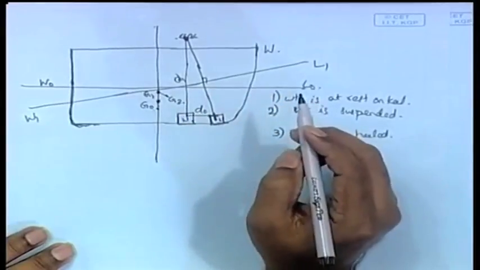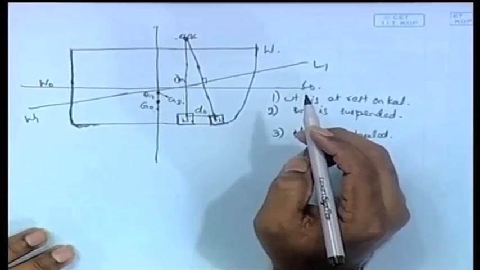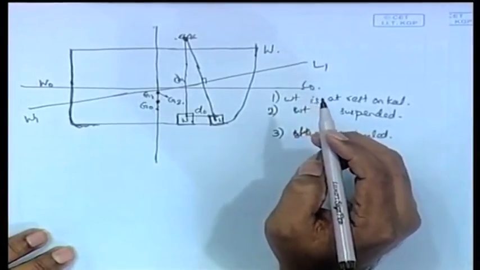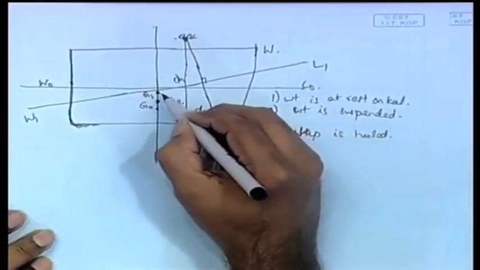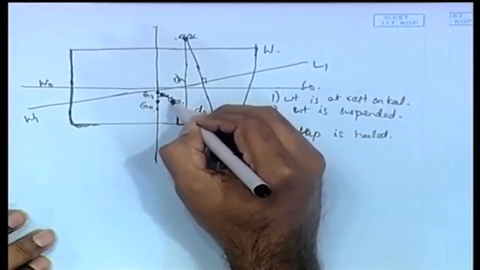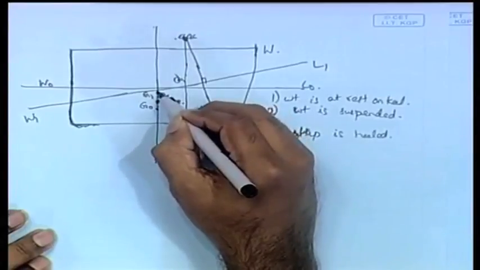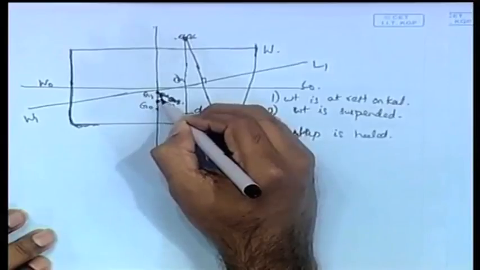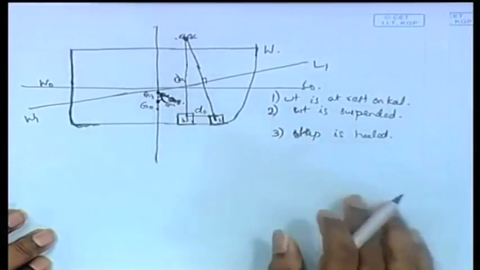Now the important thing is, we are assuming that it is a very small heel, not a very large angle, a very small angle. So somewhere here, g0, g1, somewhere there like this. g1 it has shifted there.